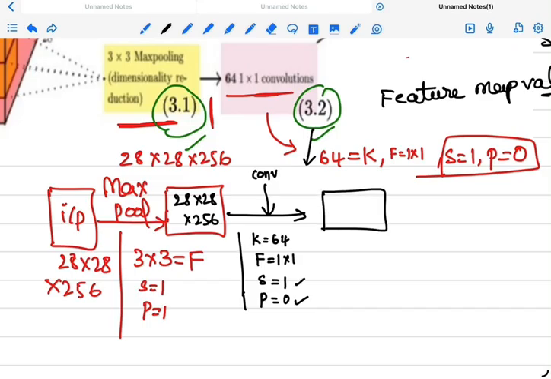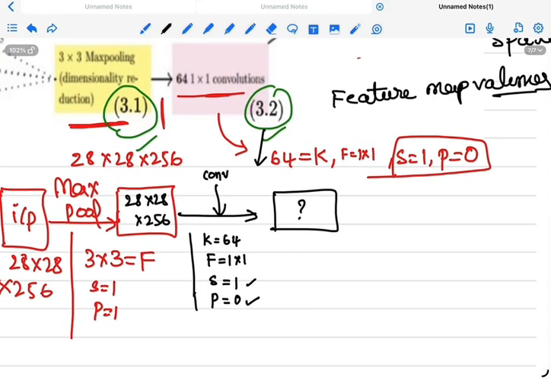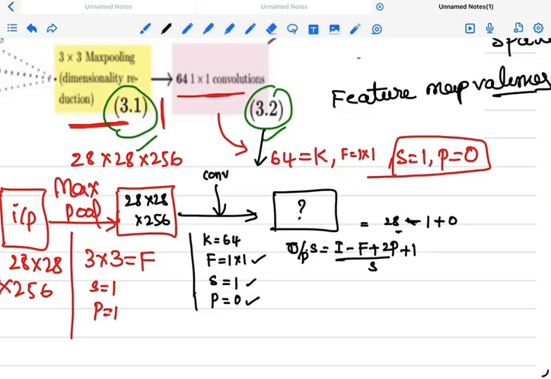What is the feature map output? The output size is (input size minus filter size plus 2 times padding) divided by stride, plus 1. That is (28 minus 1 plus 0) divided by 1, plus 1, so 28, the same.